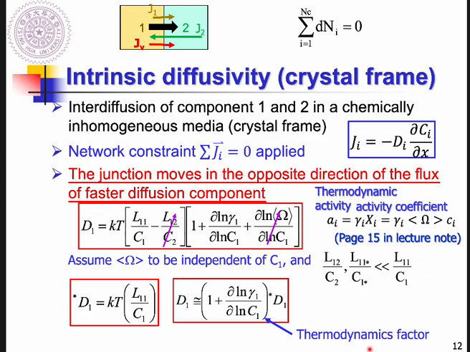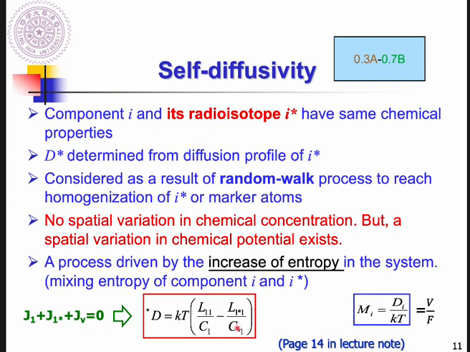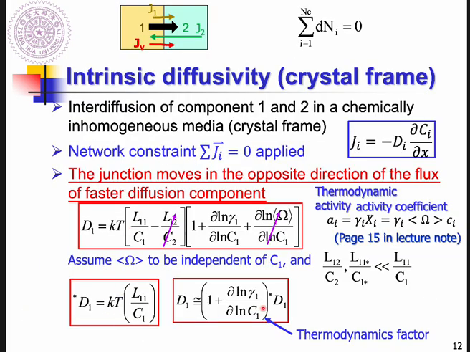If you compare with this one, and I also delete this term, so this is D1 star, right? So I find that the intrinsic diffusivity, where you stand at the interface to describe how atom 1 moves, equals the self-diffusivity of atom 1 times this term, which is related to gamma, the thermodynamic activity.